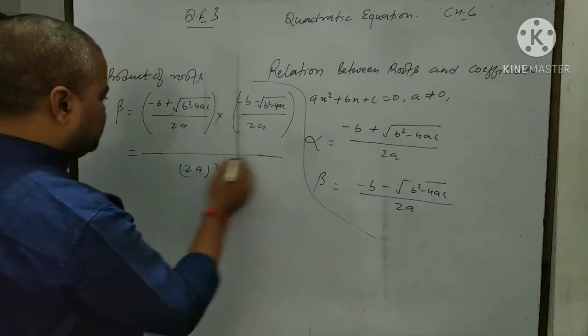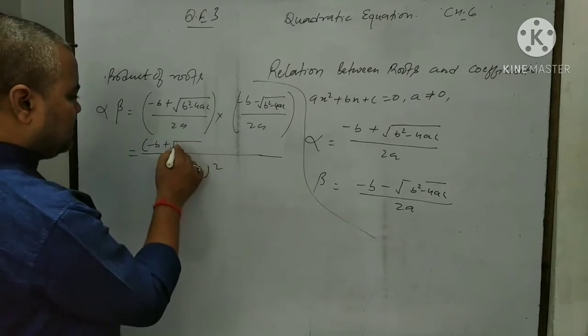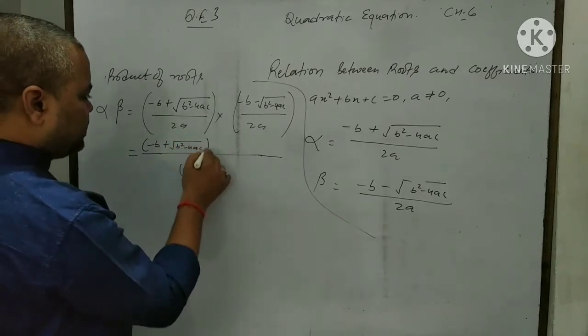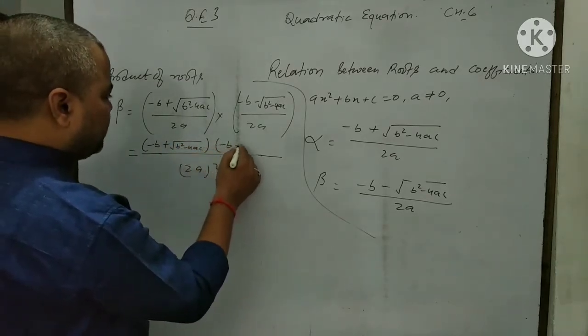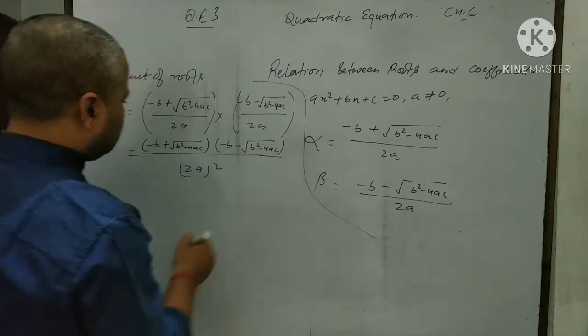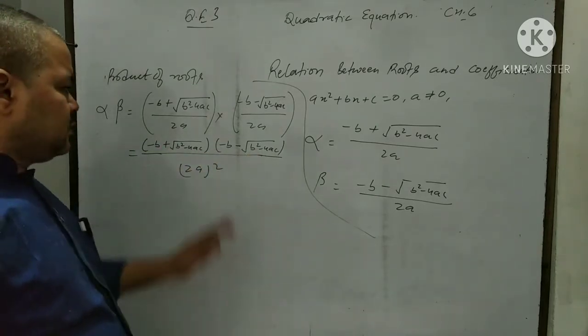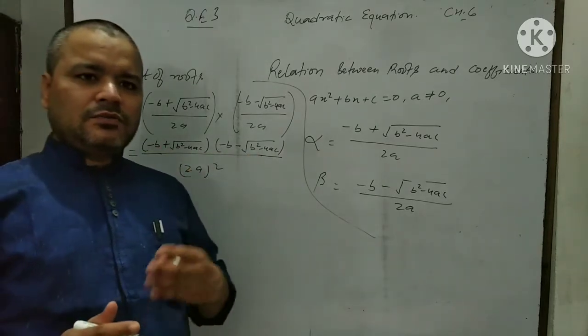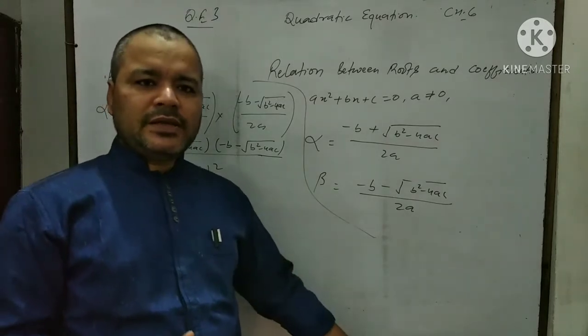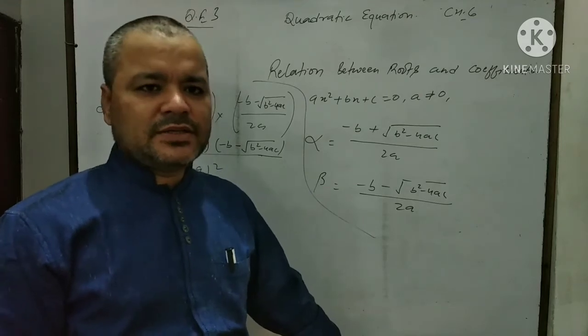The numerator can be written this way: minus b plus under root b square minus 4ac, and minus b minus under root b square minus 4ac, means a plus b and a minus b. In the formula, this is the expansion like x square minus y square is equal to x plus y and x minus y.